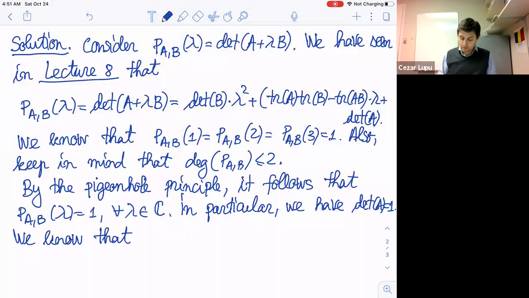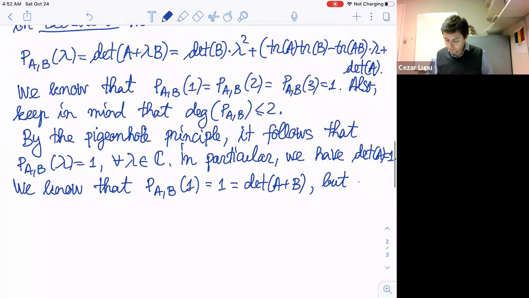So let's see, what do we know? We know that PAB of lambda is 1. But in fact, let me be direct here. PAB of 1 is 1, but this is nothing else than just the determinant of A plus B, right?